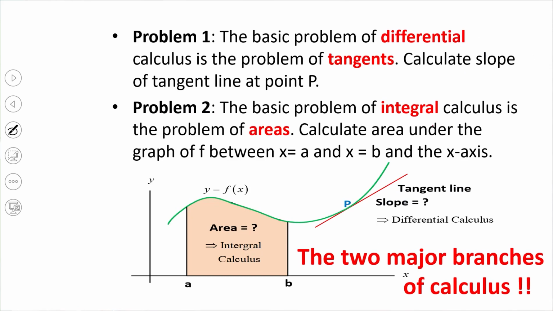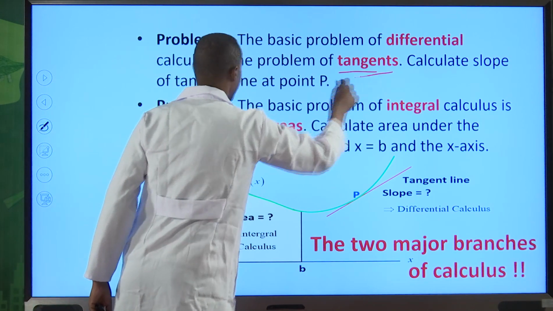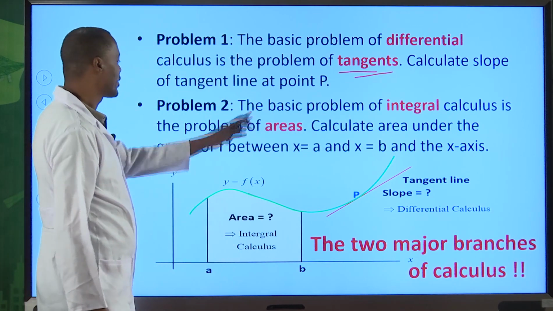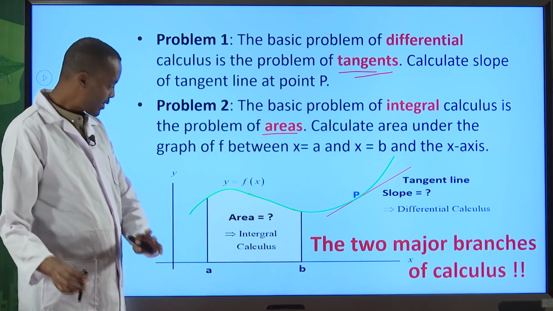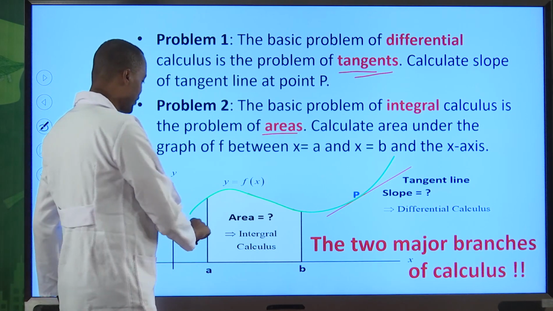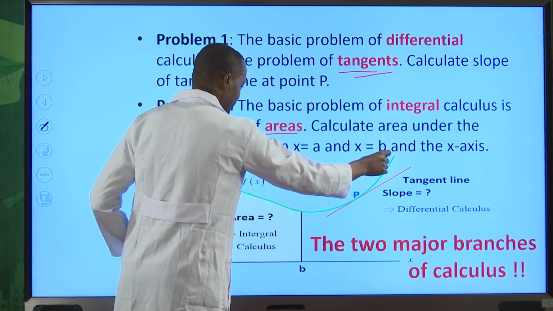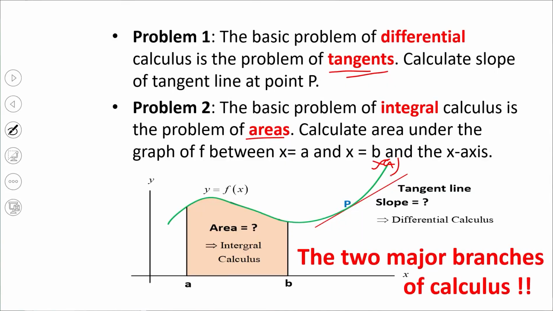So finally we started with 2 problems. The first problem is the basic problem of differential calculus, which is the problem of tangents. And the other is the basic problem of integral calculus, which is about the problem of areas. As we summarize the 2 cases into one diagram here, if I'm given a certain random curve such as this one, f of x, if I want to find the area under the curve, that will lead me to the development of integral calculus.